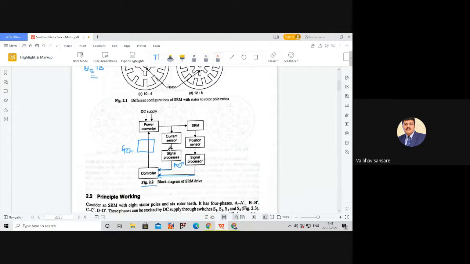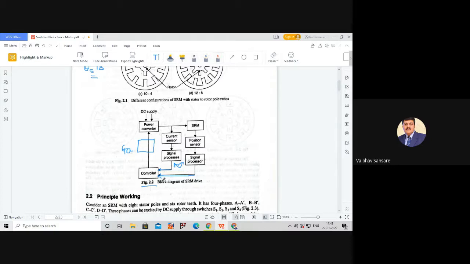So this is the general block diagram of any SRM drive, but this is with sensors. That means it is closed loop control. If you look at this block diagram, the entire control is closed loop control.